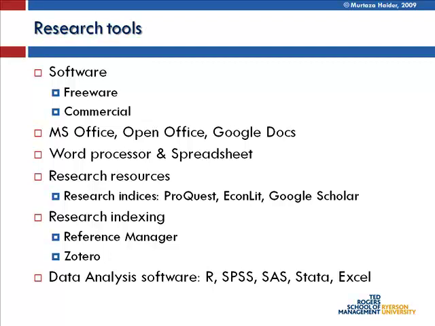There are two options here. You can use commercially available software, or you can use freeware. That is software that you can use, but you don't have to pay for it. Now, there's something that I would insist very, very strongly: do not use pirated software.